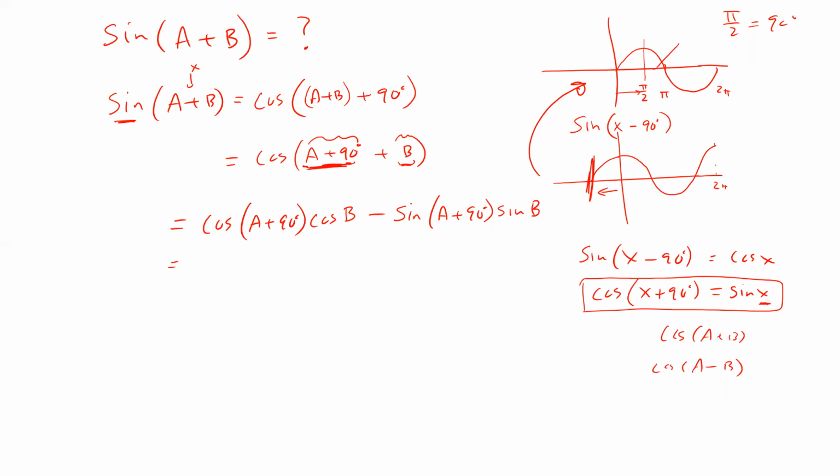Oh, I see some stuff. Tell me if you guys see some stuff. So we're trying to make the right side look like the left side. We started off with sine of a plus b. We're just trying to simplify it to where it's like a formula that we have for cosine.